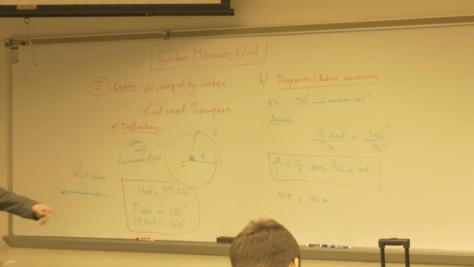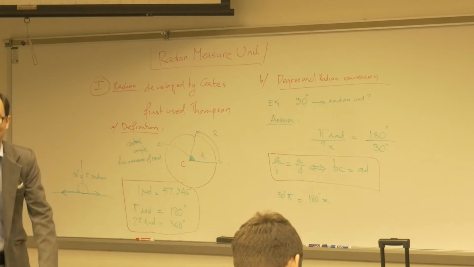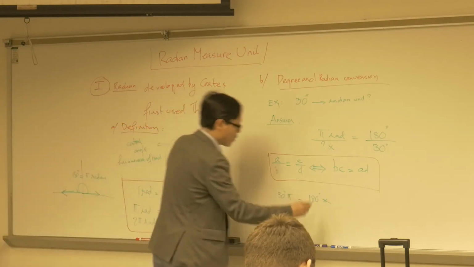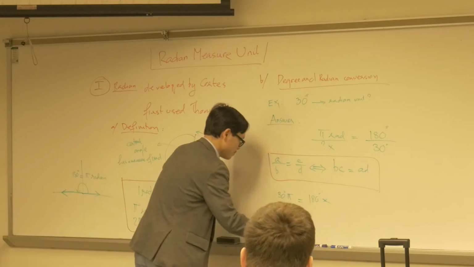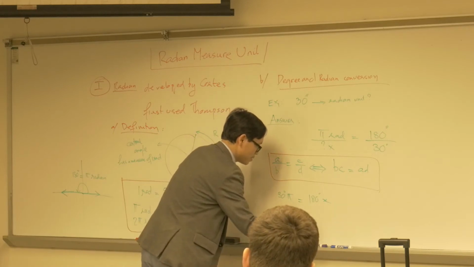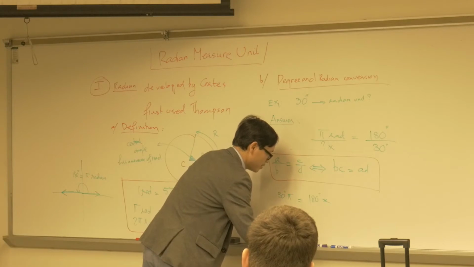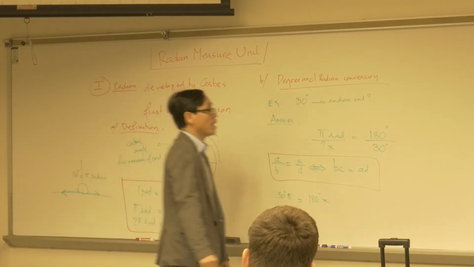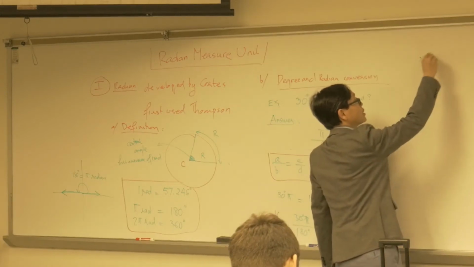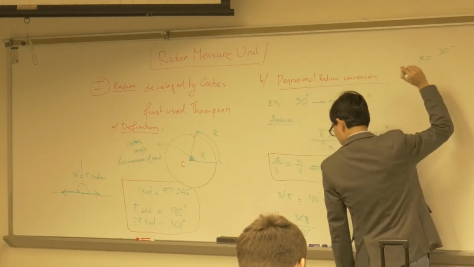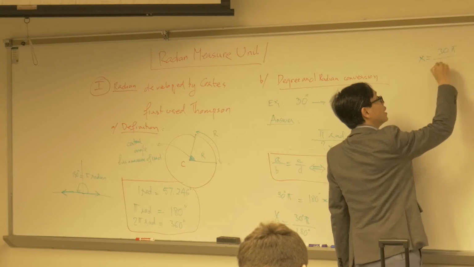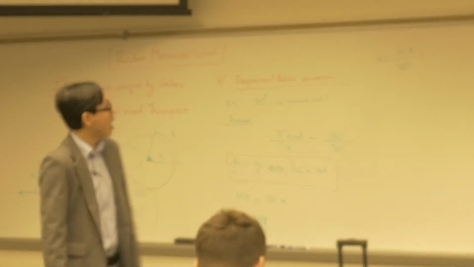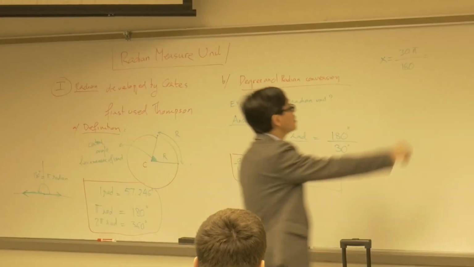You know that when you get x, the answer must be radian. So in order to get x, you divide both sides by 180. So x equals 30 pi over 180. And if I simplify, I will have pi over 6.